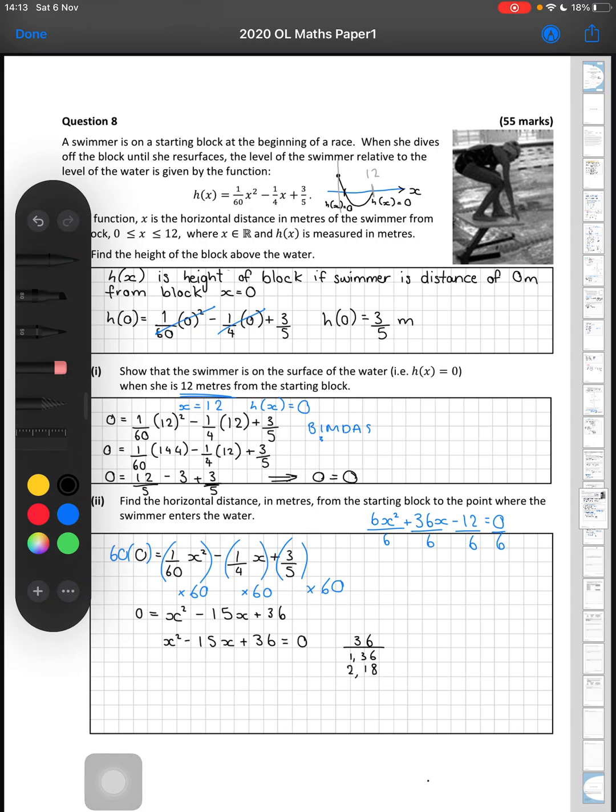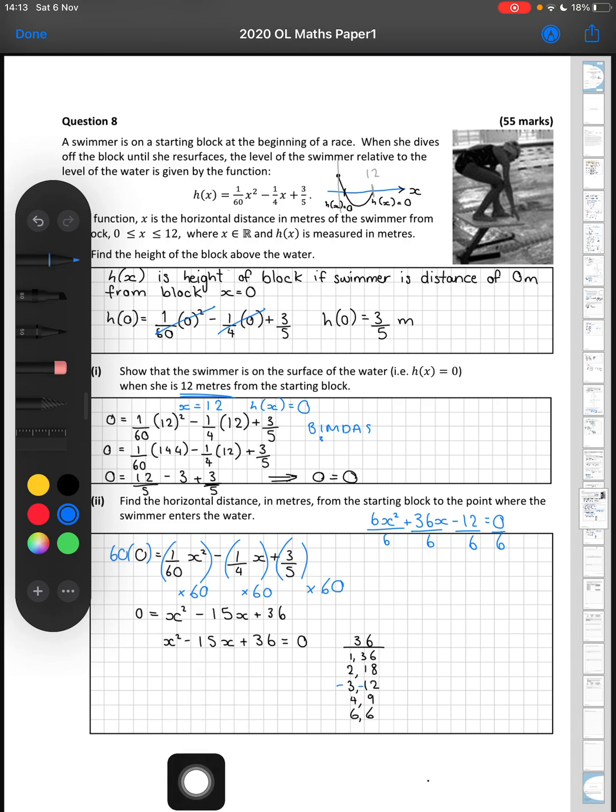Now I can solve this as a quadratic. x squared minus 15x plus 36 is equal to 0. So we're finding factor pairs of 36 that add to give minus 15: 1 and 36, 2 and 18, 3 and 12, 4 and 9, 6 and 6.